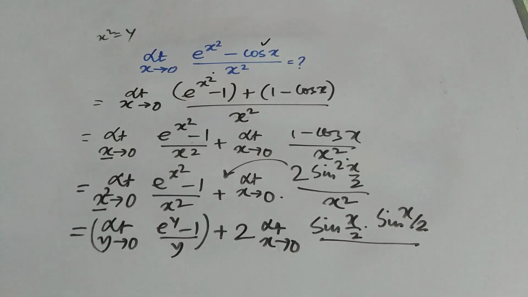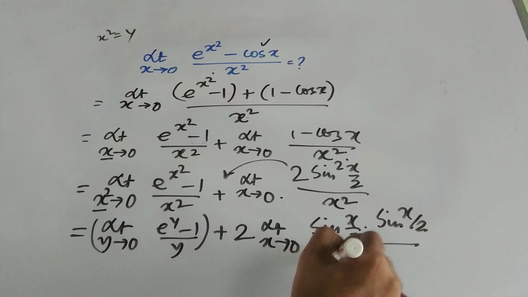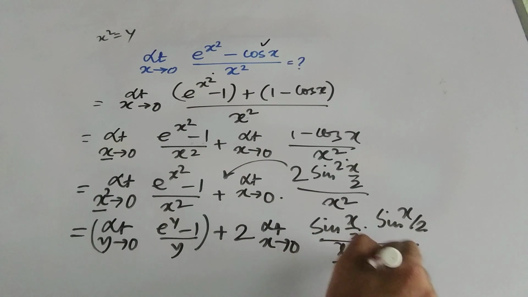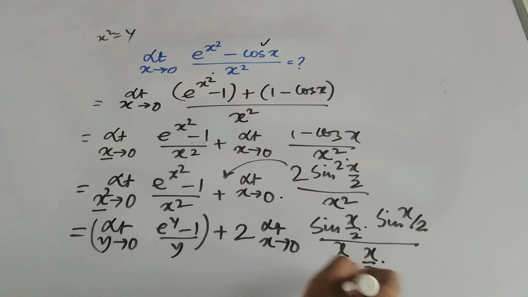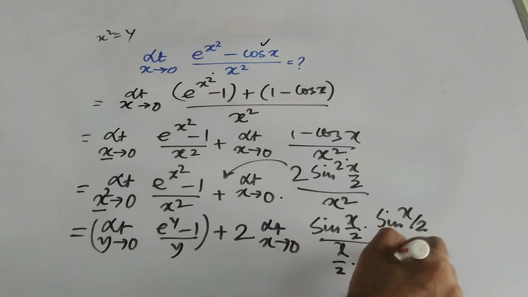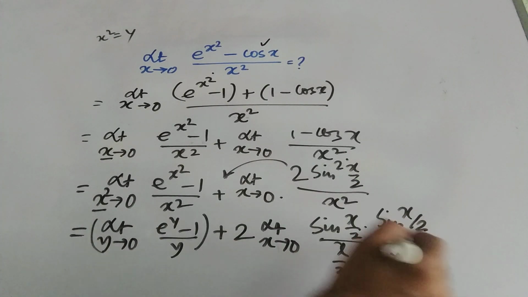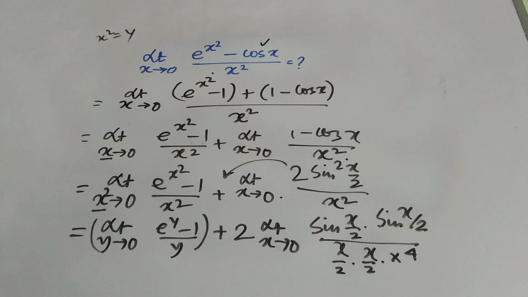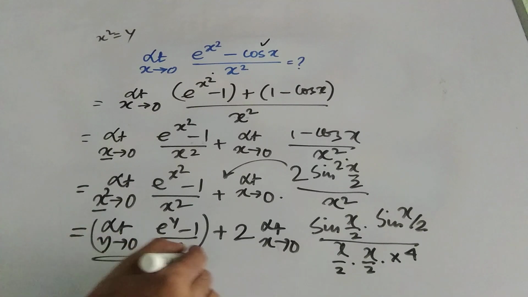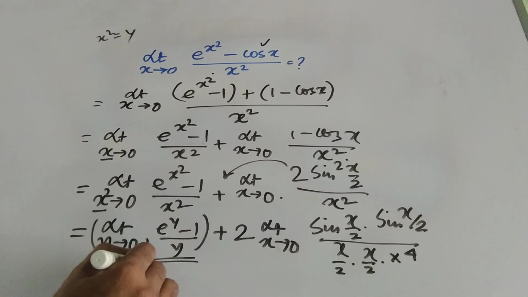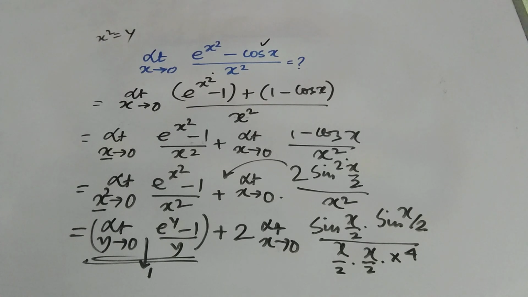And right in the denominator I can write it as x by 2 into x by 2. But 4 is generated at the denominator, so to compensate I am multiplying 4 in the numerator. So obviously this expression that I have written is basically evaluating as 1. Right? This is a basic fundamental formula for exponential limits.